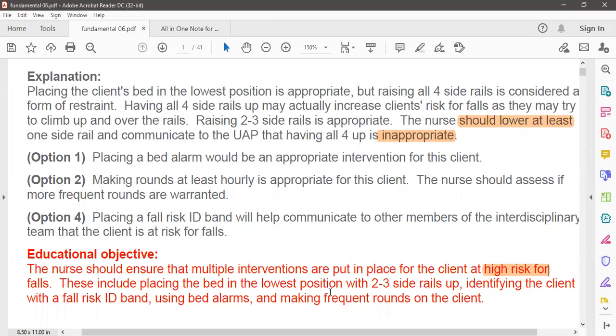It can prevent the fall. Identifying the client with the fall risk by the ID band is also good for your patient, nothing wrong. Using the bed alarm and also frequent rounds on the client is also for the safety of the patient.